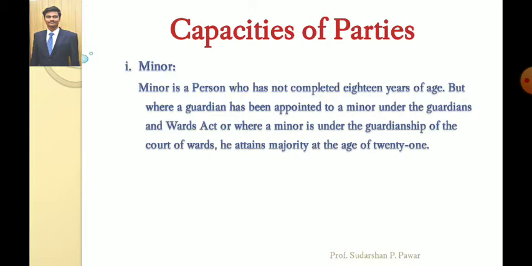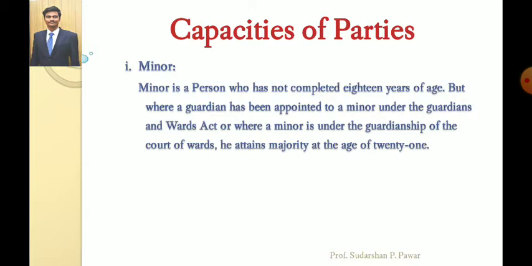A minor is a person who has not completed 18 years of age, but where a guardian has been appointed to a minor under the Guardians and Wards Act, or where a minor is under the guardianship of the Court of Wards, he attains majority at the age of 21.